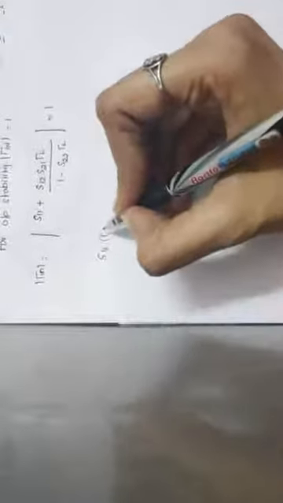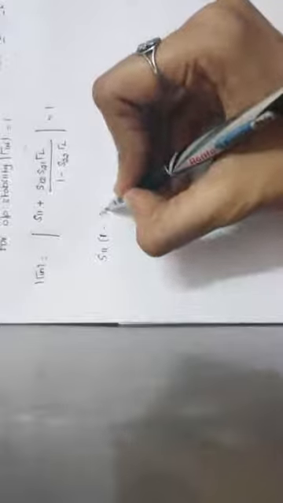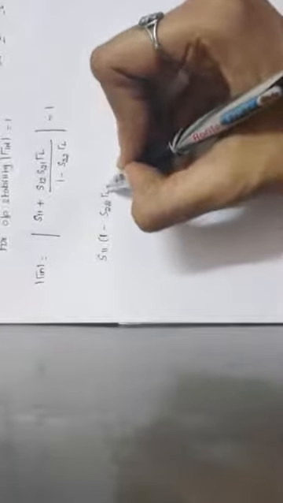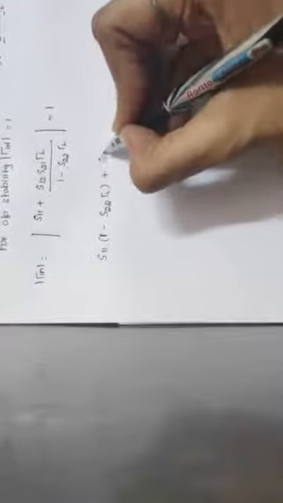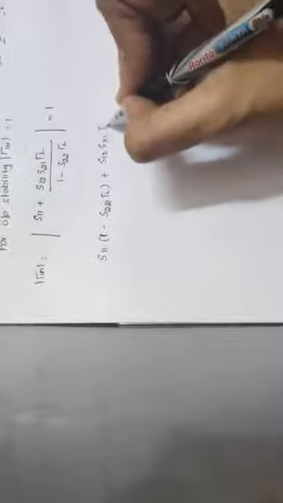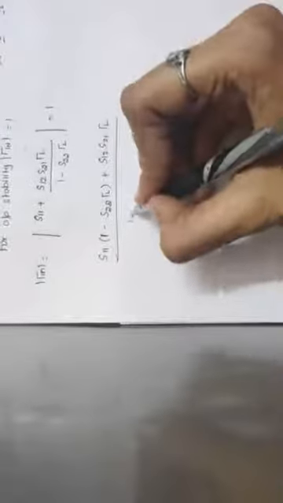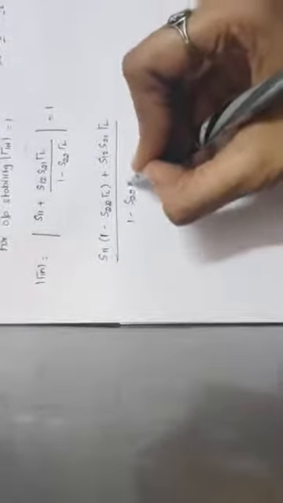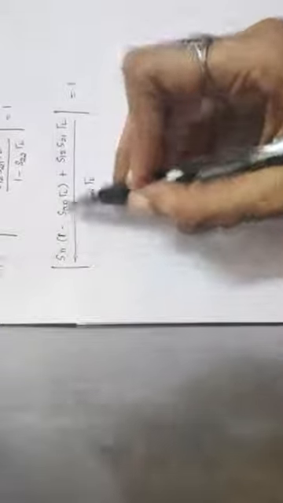Now let us take this equation and take the LCM. So this becomes S11 into (1 minus S22 tau L) plus S12 S21 tau L, whole divided by 1 minus S22 tau L. We have a modulus here, and this is equal to 1. Now multiply this term inside.